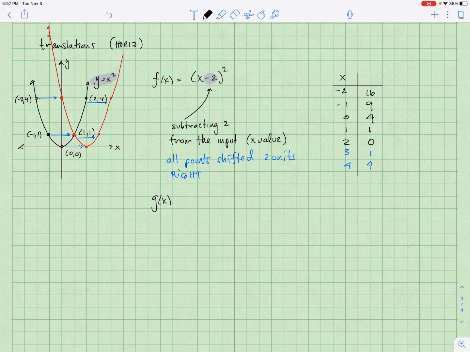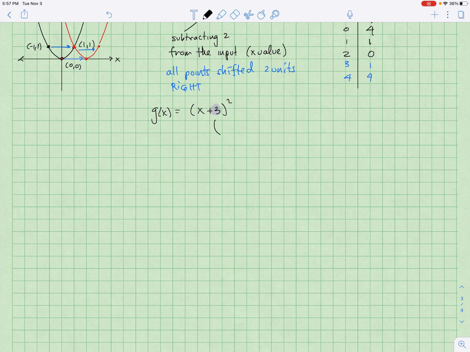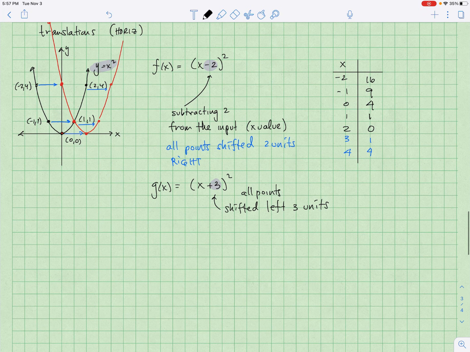Maybe g of x is equal to x plus 3 squared. In this case, this would be shifted left 3 units. All points shifted left 3 units. And what would that look like?